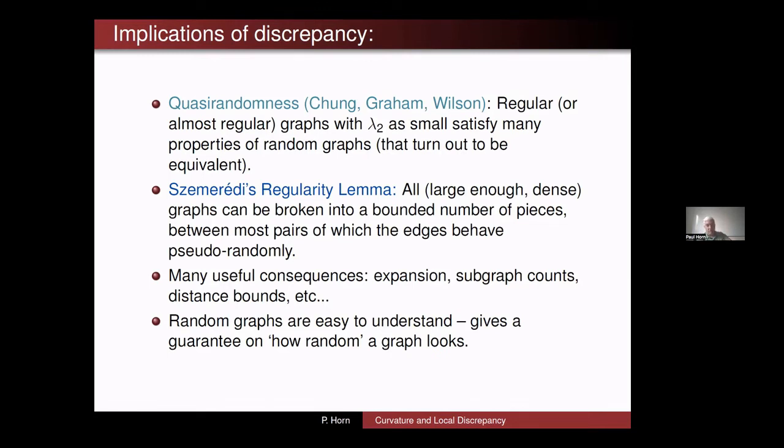And from here, I get all sorts of nice consequences from this pseudo-randomness. Expansion, I can count subgraphs. There are bounds on diameters and distances. And there's a theme here that somehow random graphs are perhaps paradoxically easy to understand, right? And so this spectrum gives me a guarantee on how random a graph looks. And from that, I can actually understand quite a bit because, again, random graphs are easy to understand.